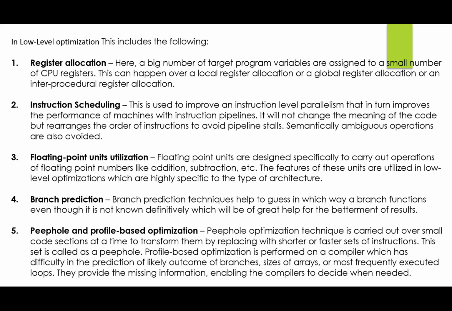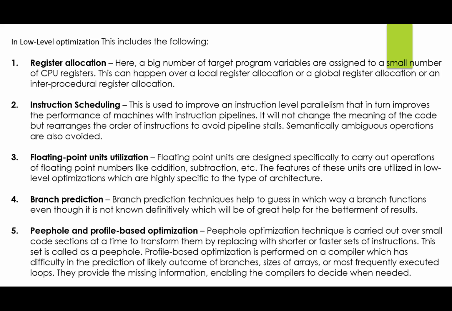Number 4, branch prediction. The branch prediction technique helps to guess in which way a branch will go, even though it is not known definitively, which will be of great help for the betterment of results.